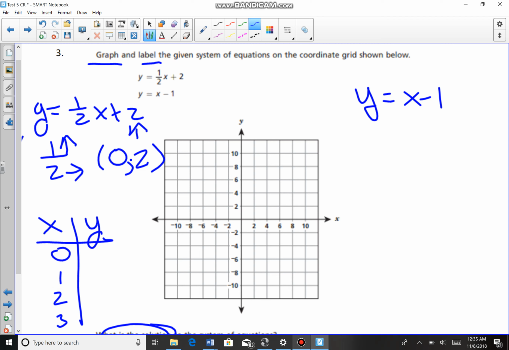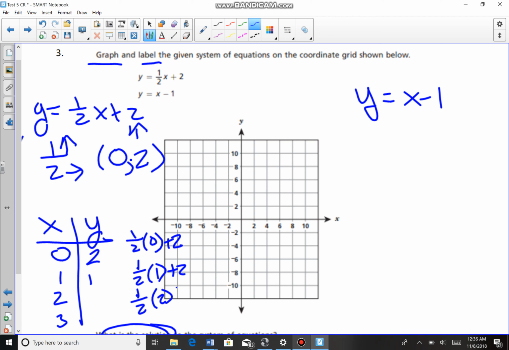So my first value for x would be 1/2 parentheses 0 plus 2, which means my first y would be 2. Then I would do it again, 1/2 parentheses 1 plus 2, which means the next point will be 1.